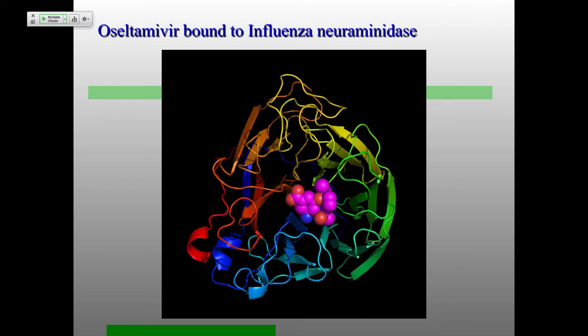That neuraminidase is very important for cutting off the receptor that you have on flu viruses and allowing the flu virus to either get inside the cell or to not be stuck on the cell as it's being produced. And again, it sits down right in the middle of the active site of this enzyme and blocks the activity of that particular enzyme.